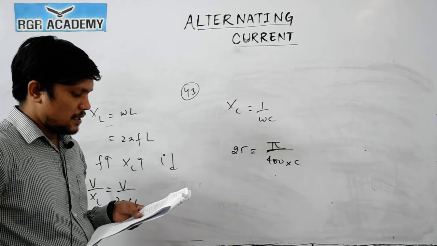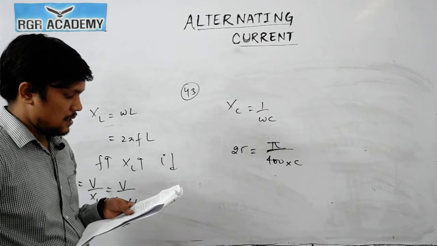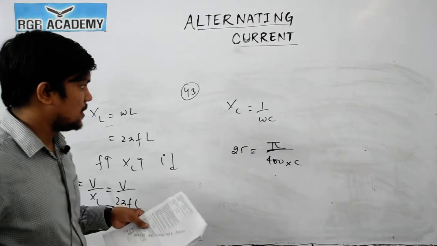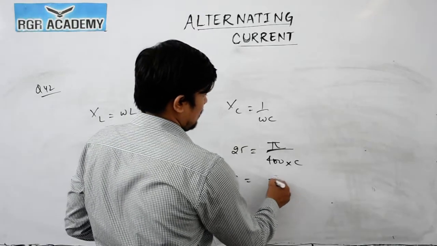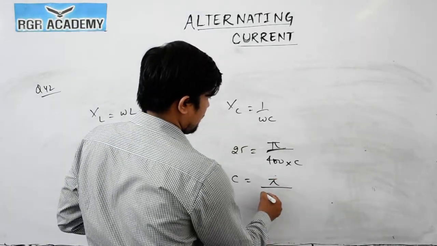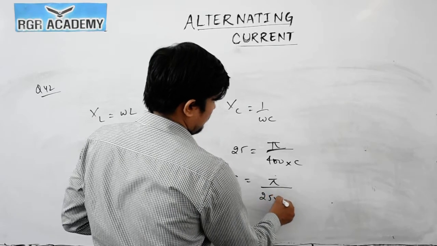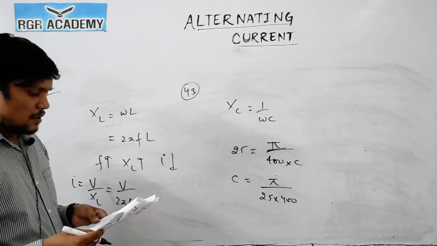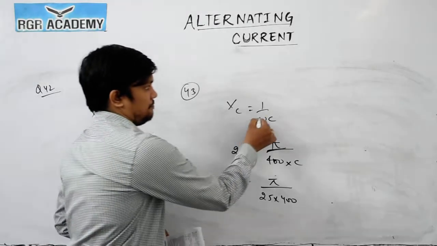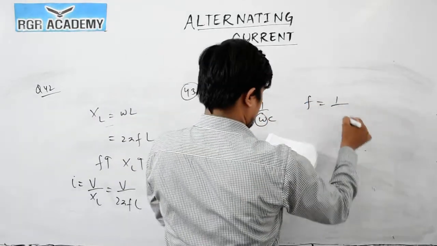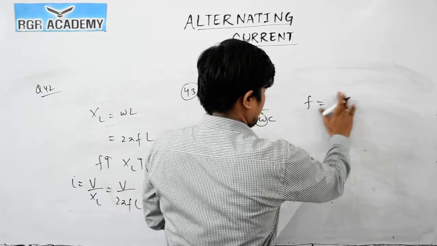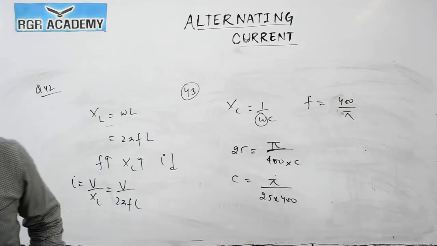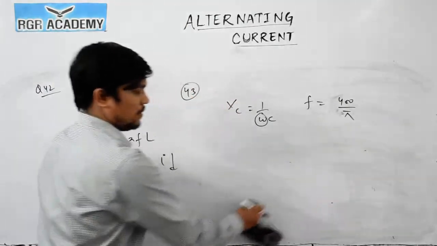The reactance of a capacitor of capacitance C microfarad for an AC frequency of 400 by pi is 25 ohm, the value of C. Frequency is given as 400 by pi, but here we are using omega C. So omega we have to calculate first, that is not frequency, omega is angular frequency.